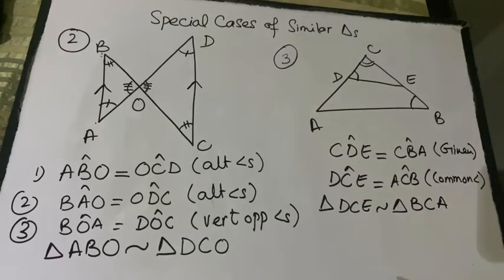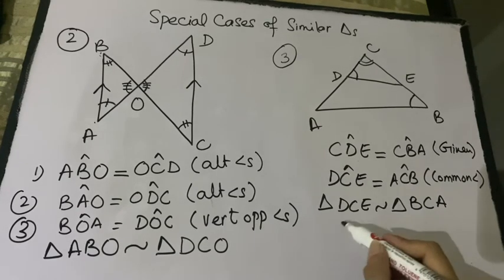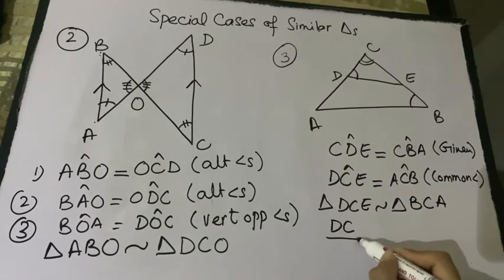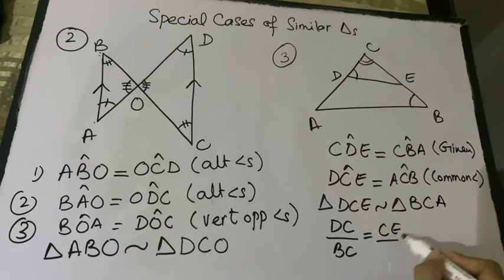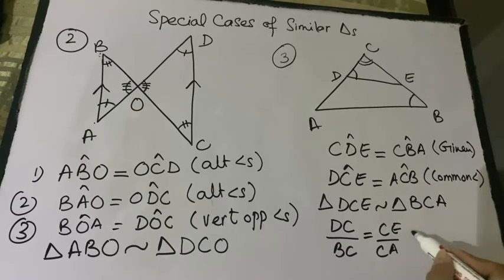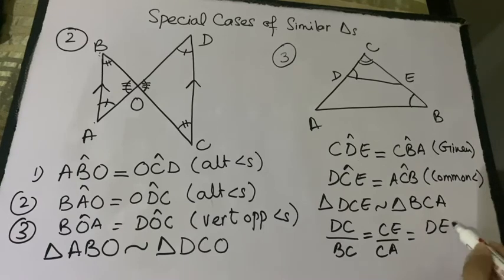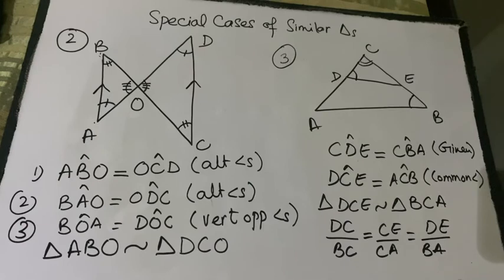Now after proving that these two triangles are similar, you can write DC over BC is equal to CE over CA equals DE over BA. So this is how we are going to prove that these triangles are similar, and these are the special cases in which you can tell just by looking at the triangle that there must be two similar triangles.